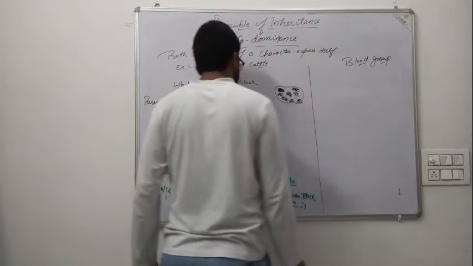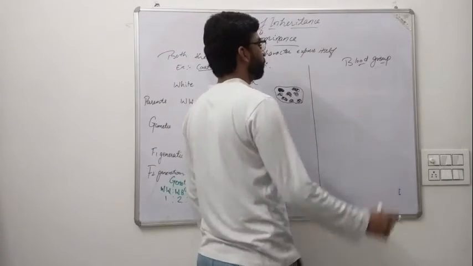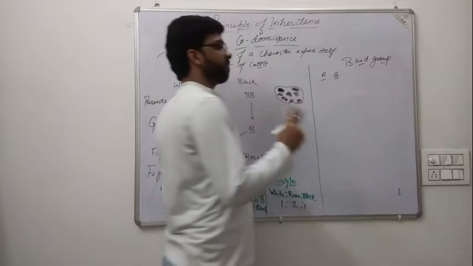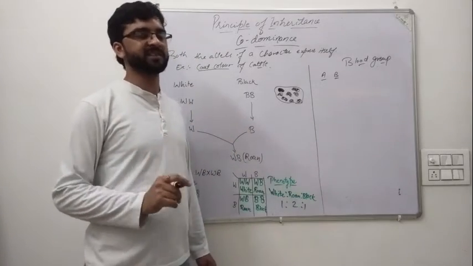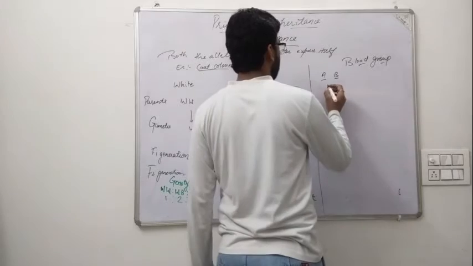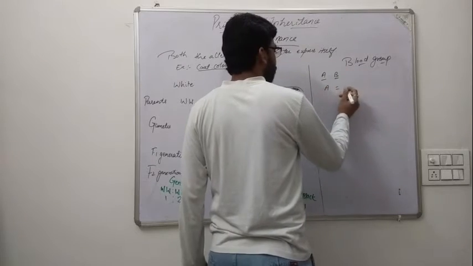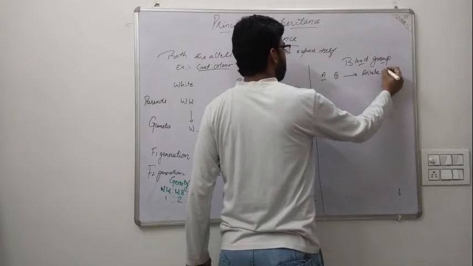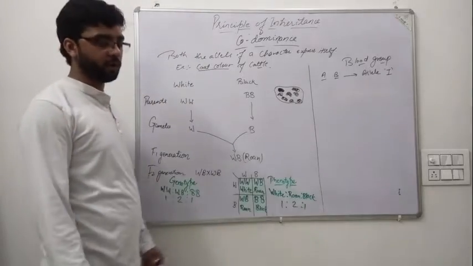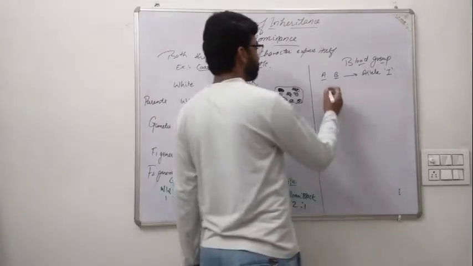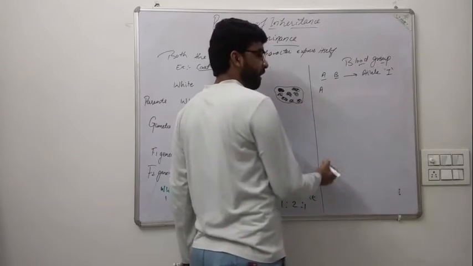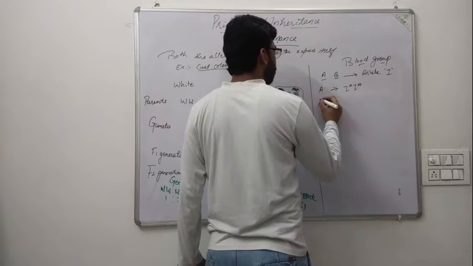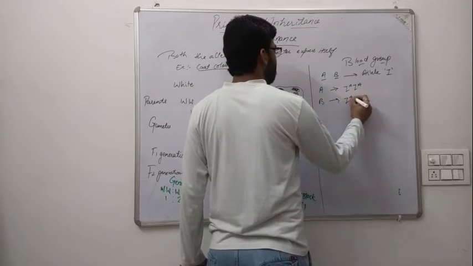Here we just talk about two types of blood group, A and B, not O. We know blood groups are denoted by allele I. For blood group A, the allele is IA, and for blood group B, the allele is IB.